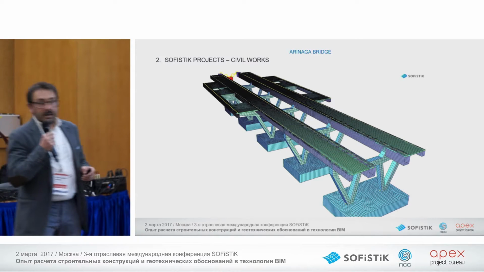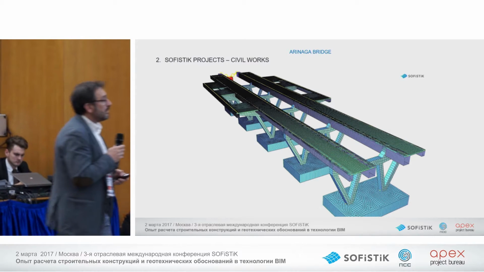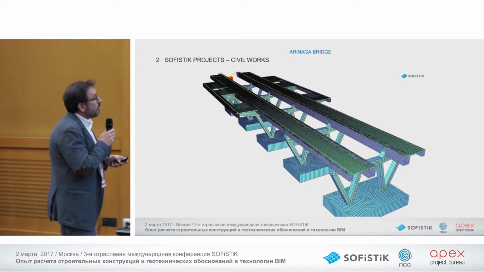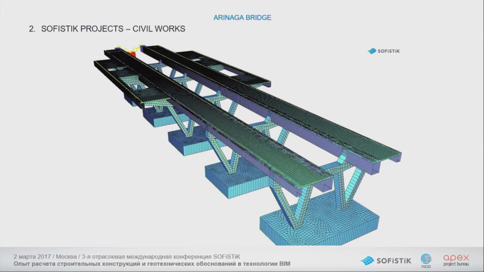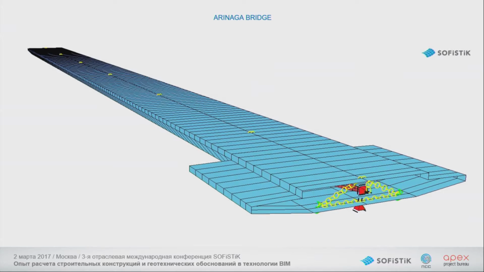Okay, and finally, I'm going to show you an overview of some of our projects in civil and building works. This is Arinaga Bridge in Tenerife. This is the footbridge, and into the two lanes of footbridge there is a concrete bridge.